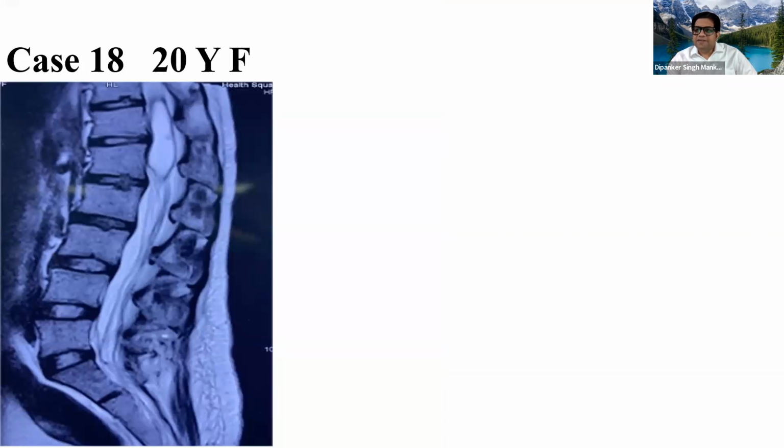So, presenting another unique case. I don't have many images. This patient was operated a few years back, and she did not have any... he was almost bedridden, and power in the lower limb was not there.